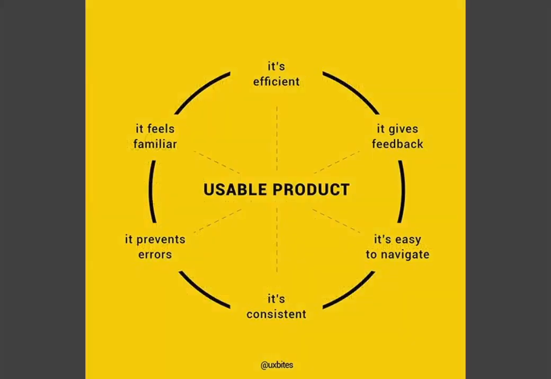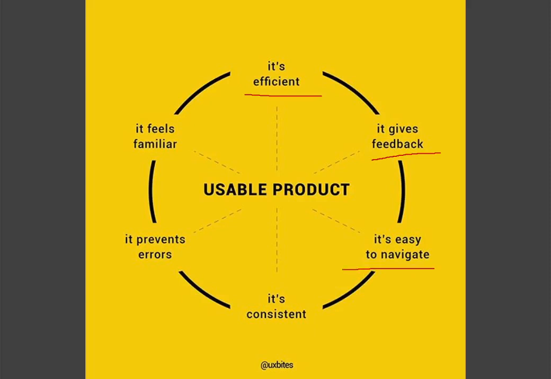Another explanation of usability with less text. Okay, a usable product should be efficient. Again, also, it should give feedback, meaning the site should tell people where you've done things wrong or if there's an error.